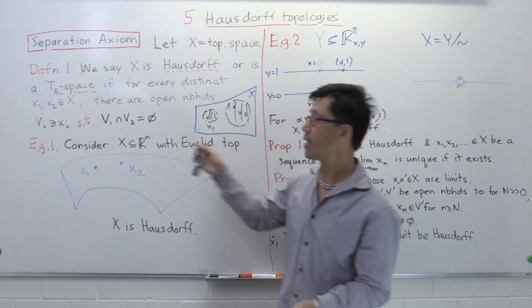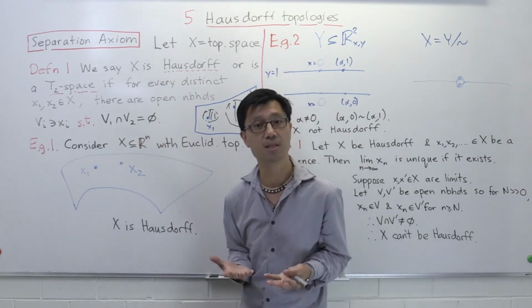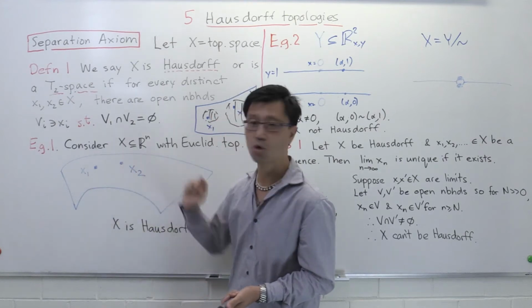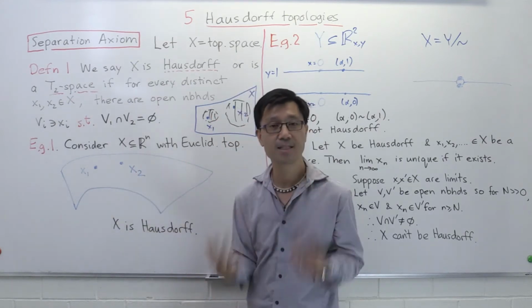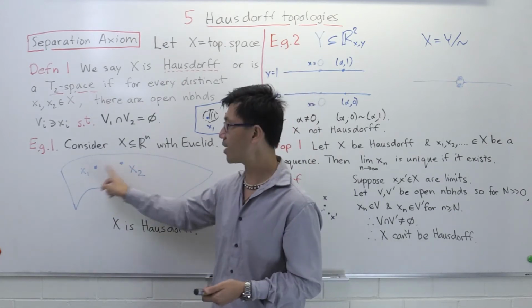Remember inside Rn, where does the topology come from? In this case, we have a notion of distance and a metric. So given any 2 distinct points x1, x2, there's a distance between them, and that distance is strictly positive. What we can do is halve that distance.